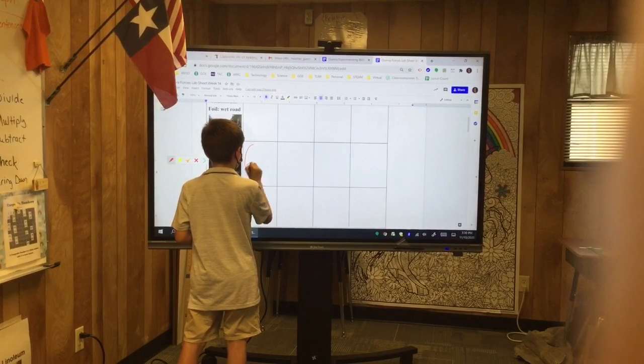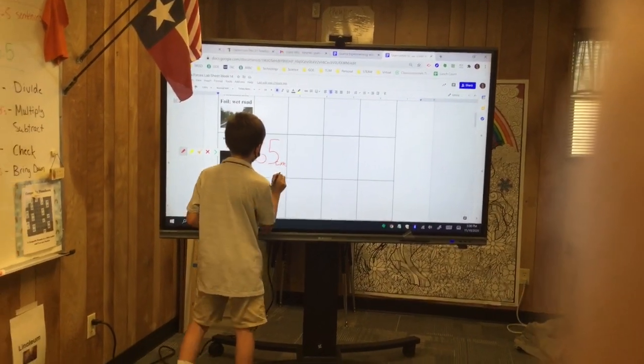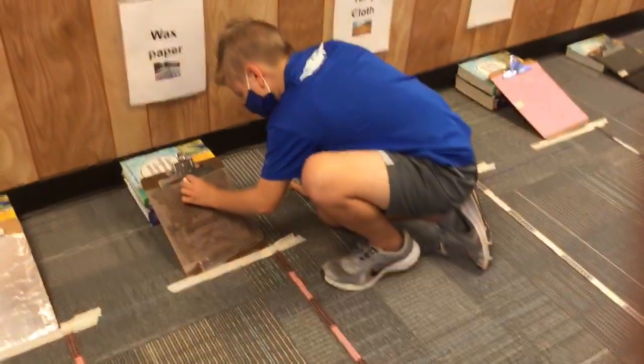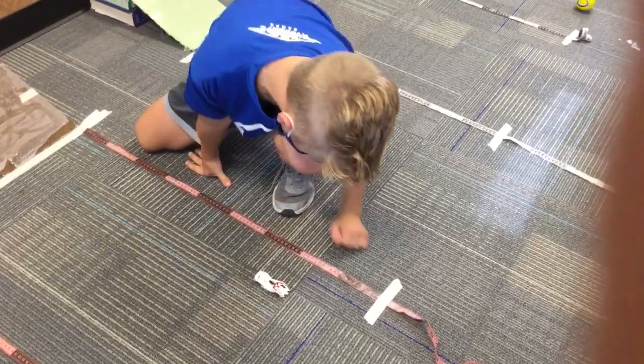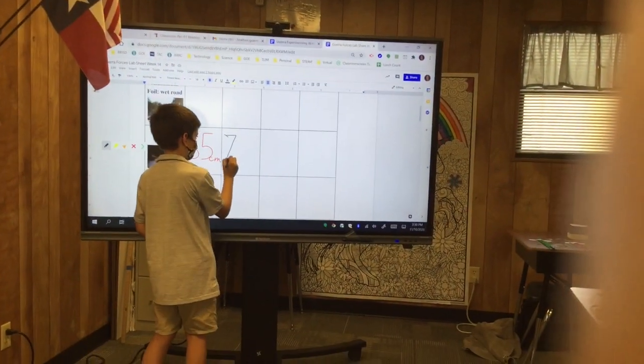Nice and quick. Make sure you add centimeters. There you go. Nice. Okay. Second trial. Whoa, that one went a lot further. 75 centimeters. 75. Ooh, that was a big difference.